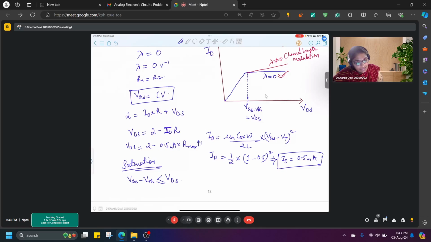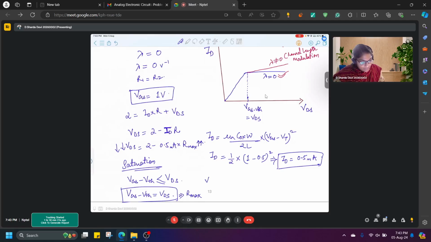If R increases, that means my VDS will reduce. So I should focus on the minimum limiting condition of saturation. That means VGS minus VT equal to VDS. So this is the condition that will give me R max.